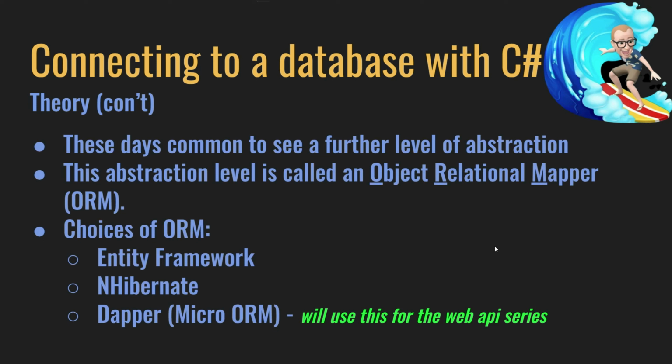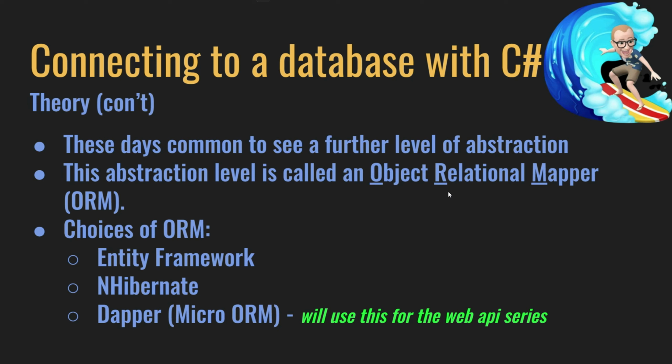these days it's common to see a further level of abstraction between the database, rather than talking almost one-on-one to ADO.NET. We have a level of abstraction that sits on top of that, and that level of abstraction is quite common to be an object relational mapper, or ORM.